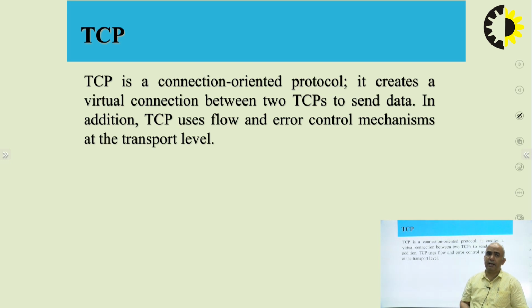During this transmission of data, error control and flow control are done by TCP, so that if any data is lost, or there is any error or deviation in the flow control, it can be sorted out by the TCP protocol.